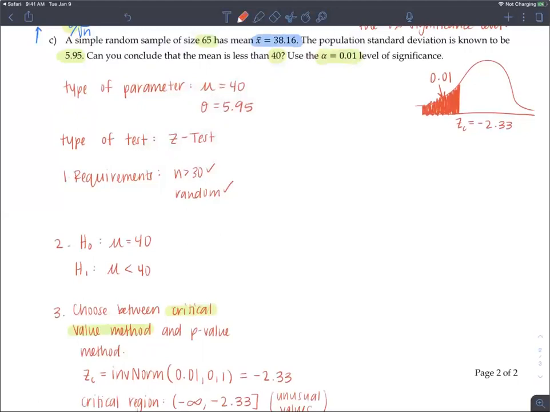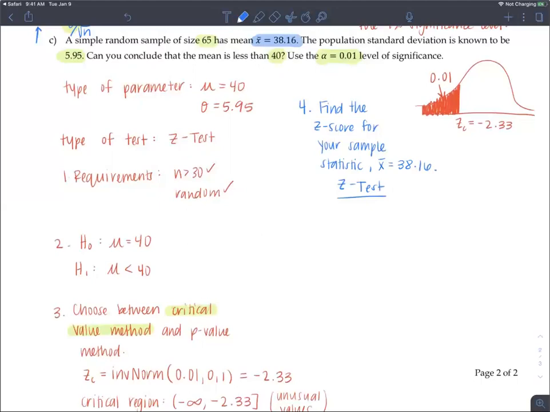So the fourth step is to find the z-score for your sample statistic, which in this case is x bar equaling 38.16. You find this using z-test. When you put everything into z-test, which variable is your z-score that you care about?